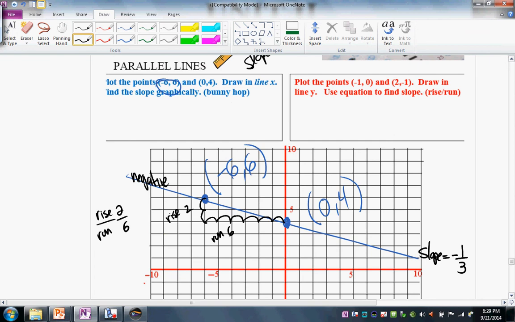So we're going to plot our points -1, 0, and 2, -1. So -1, 0 is right here, and +2, -1.